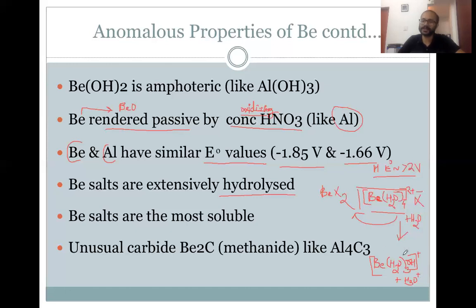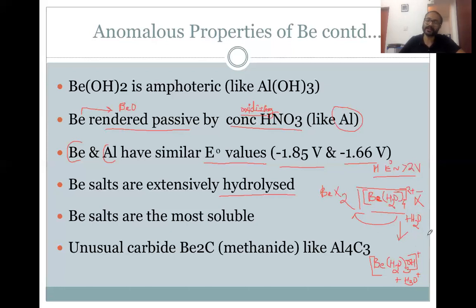Okay, so this is hydrolysis. Hydrolysis means breaking down of water. Here one water molecule is broken, that is, one of the OH bonds is broken and H plus is released, and that's why solutions of beryllium salts are usually acidic in nature, because they hydrolyze in aqueous solution.